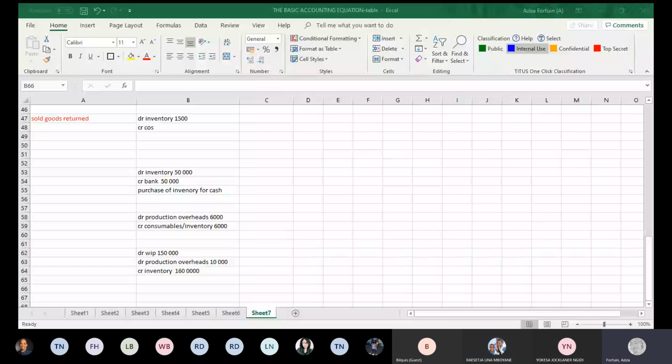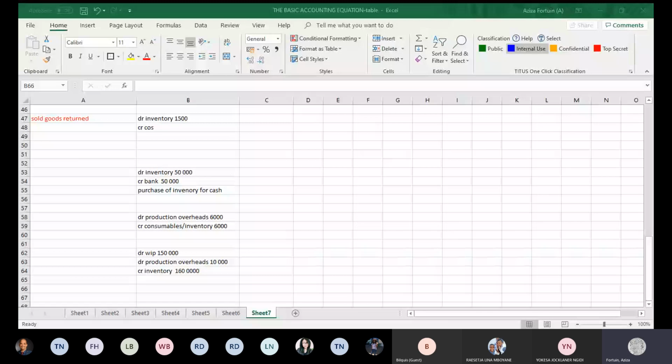They say in A, inventory of materials, direct material and indirect material is purchased for cash. So if you look at the first T account, if inventory was purchased for cash, we know we're going to debit inventory, credit bank.